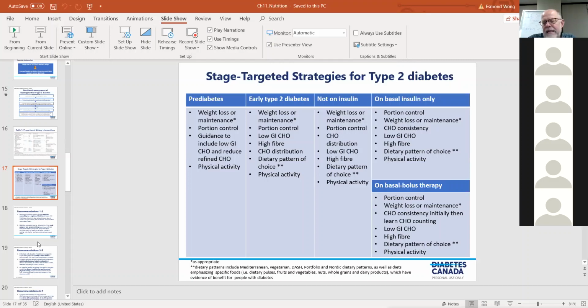If that is not adequate to get some weight loss, say in someone who's overweight, I would recommend consultation with a dietitian to get more information about cutting down those portions, or where they could control the portions.